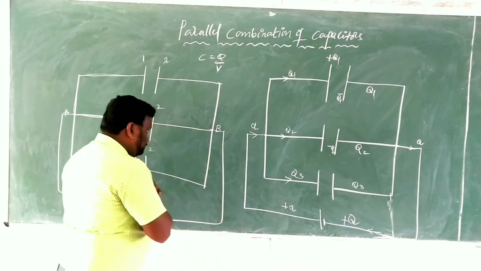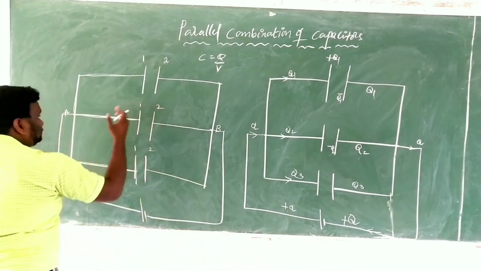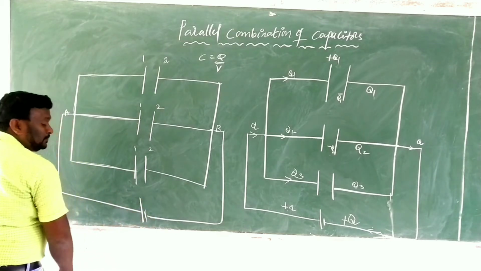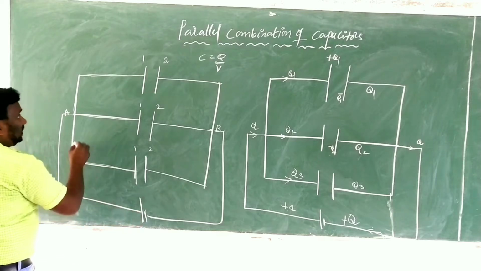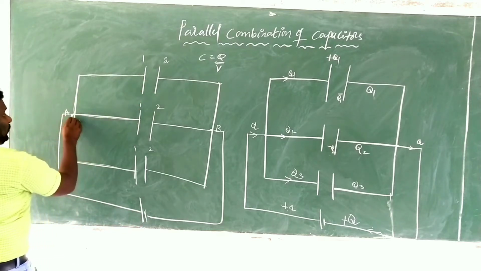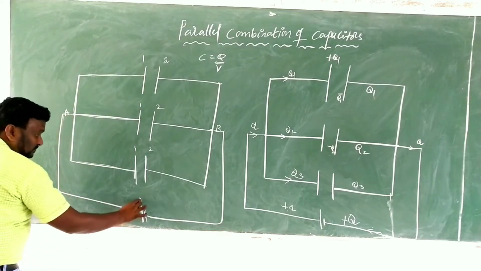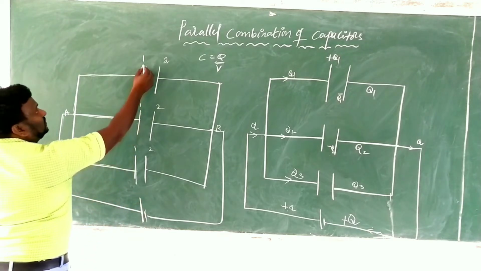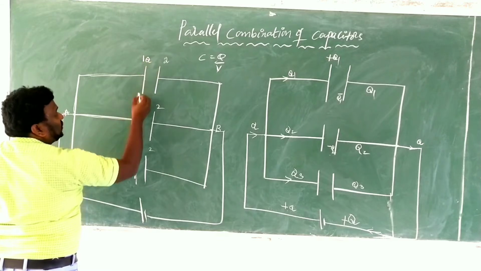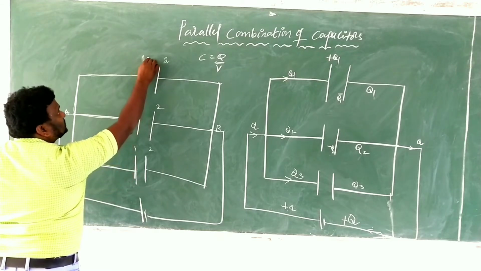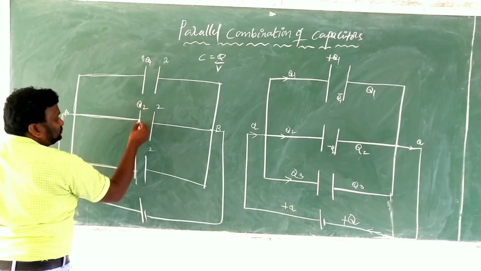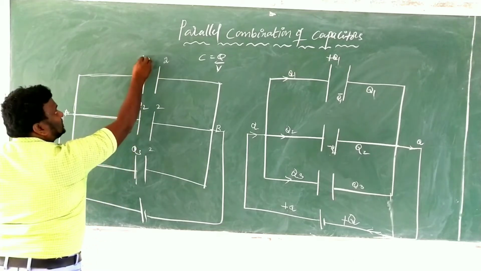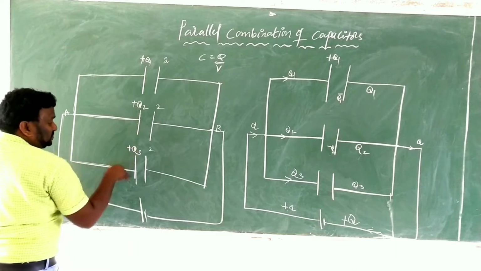Now look at this diagram. Here a battery is given. All the first plates are given to one point, and that point is connected to the positive terminal. That's why the charge accumulates on every capacitor. The first plate is taken as positive, so I am writing plus Q1, plus Q2, plus Q3.